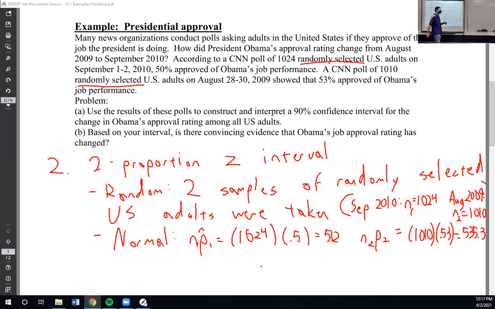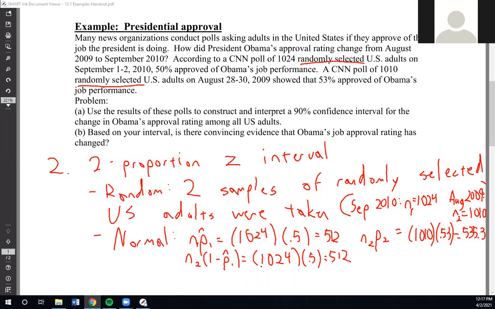Remember, when we put this in the calculator in step 3, we're going to round it to 535 because it doesn't like decimals when you put your x1 and x2 in the calculator. And then we do N1 times 1 minus P hat 1. That's also going to be 512.